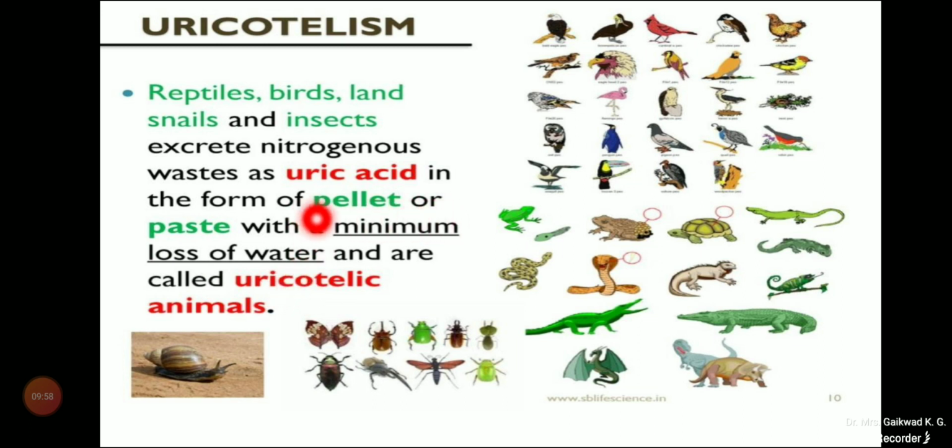Their urine is in the form of pellets or paste, not liquid or watery, so minimum water is lost from their body. That's why these organisms can adapt to desert regions where scarcity of water is there. So it's all about the classification of animals based on the nitrogenous waste they produce or excrete.